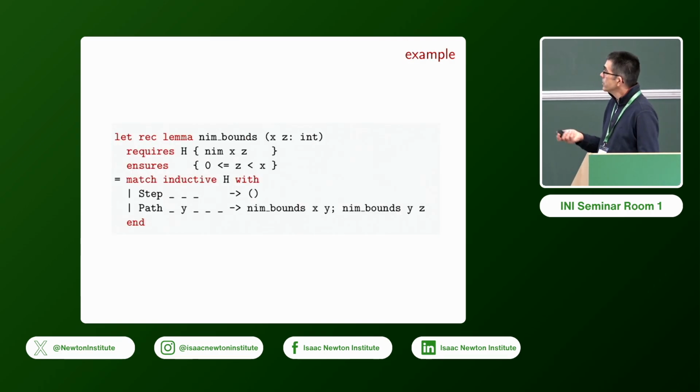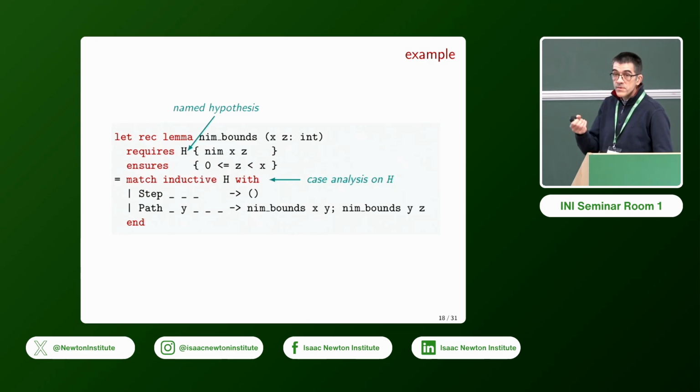So if I'm using this example again, I want to prove that whenever I have nim of x and z, then z is smaller than x. I can do this proof using a lemma function, with this letrec lemma, and I can do the case analysis over the inductive proofs with this new match inductive construct.